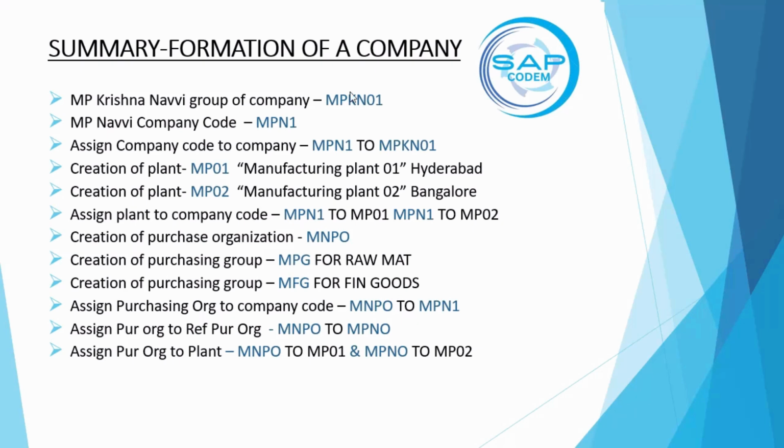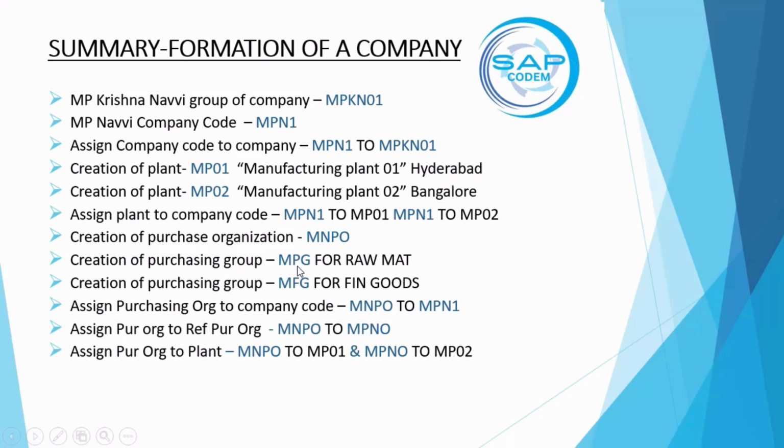We could do that. Now what we did: we created a company code and we assigned the company code to the group of companies. Then we created two plants. Then we assigned those plants to the company code, MP01 and MP02. And then we created the purchasing organization. And we created purchasing groups.